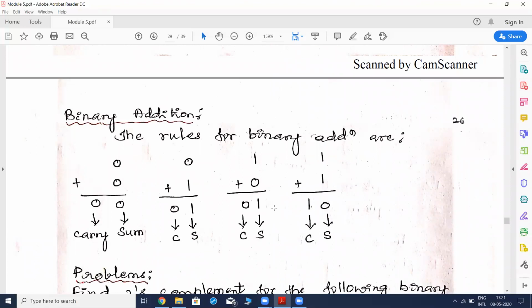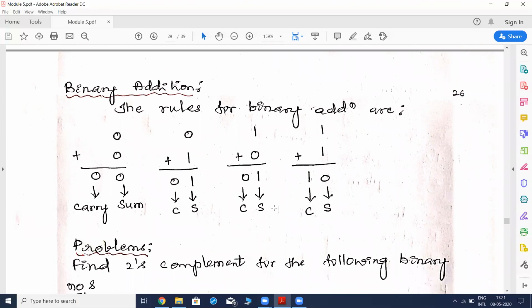So how are we going to perform addition? If we consider 2 bits, you will have 4 different combinations, and you must know what is the sum and what is the carry that you are going to get. First combination, 0, 0: when you perform addition, you get sum as 0, carry as 0.